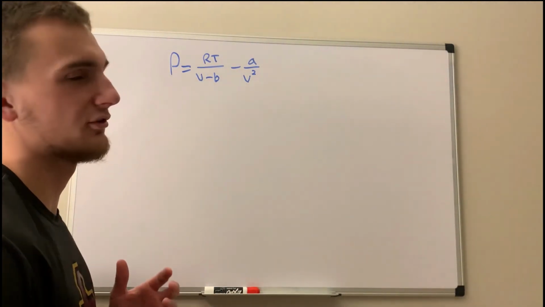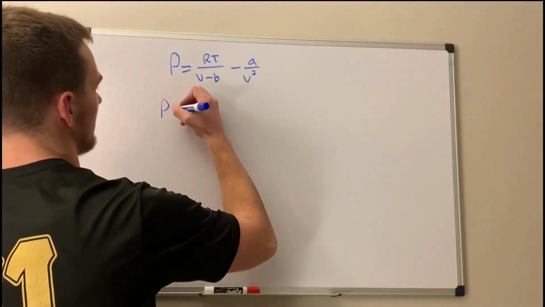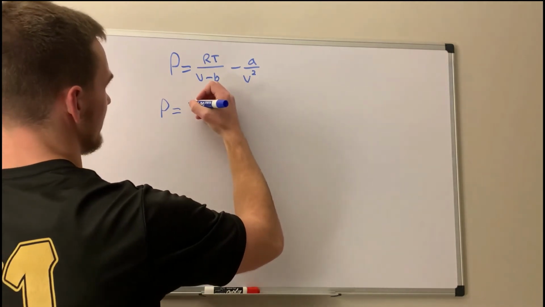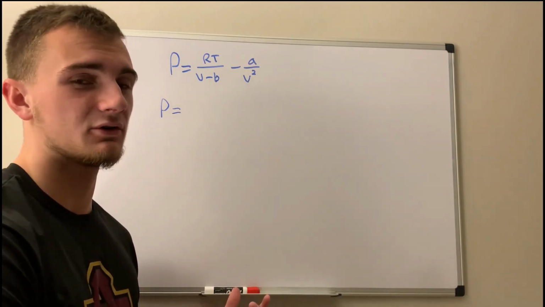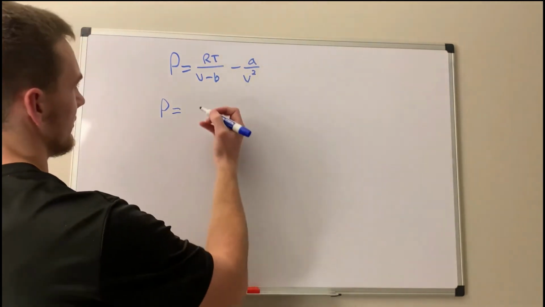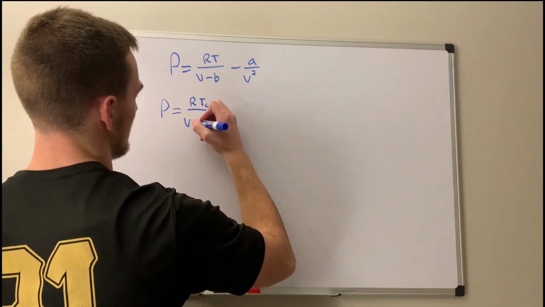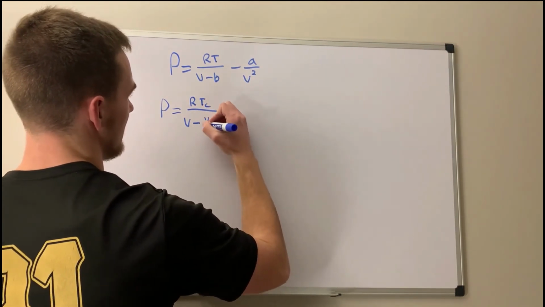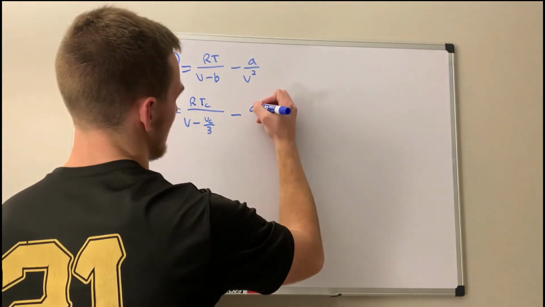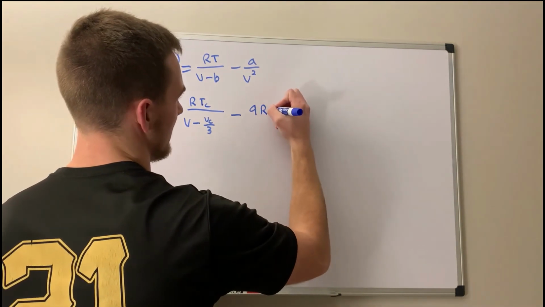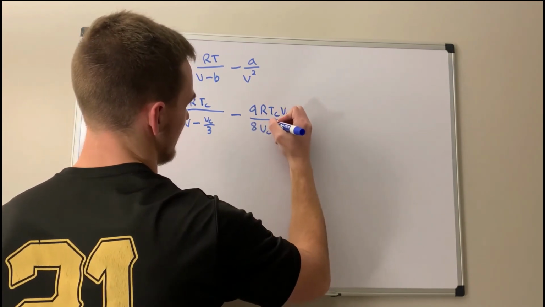If we substitute our A and B parameters in here, we will see that we have P equals, and I'll again denote TC and VC to say that this is at the critical point. It's pretty important that we do that. So P equals RTC over (V minus, again, V is VC over 3). And we'll subtract here. The A term will have 9 RTC VC over 8 VC squared.